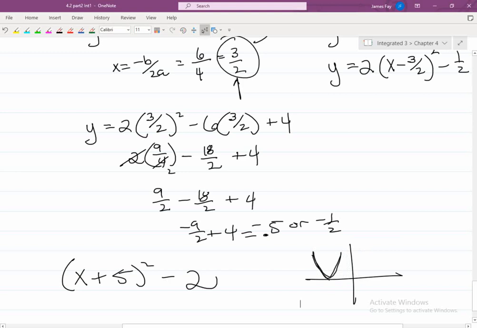And the minus 2 is going to move it 2 units down. So my vertex right there is now at -5, -2. Does that make sense? If it's a plus sign there, it moves it left. If it's a minus sign, it moves it right, which is kind of contradictory to what you might think, but that's the way it behaves.